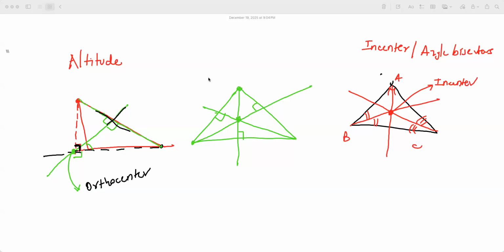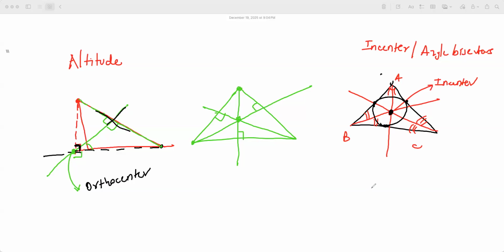But this one is called the in-center. You know what that means? With your in-center as your center, you can draw a circle that is tangent, meaning that it touches only one point in each of the sides of the triangle.